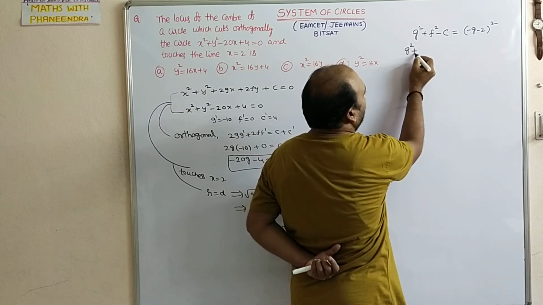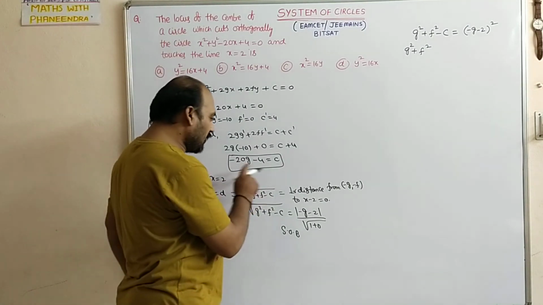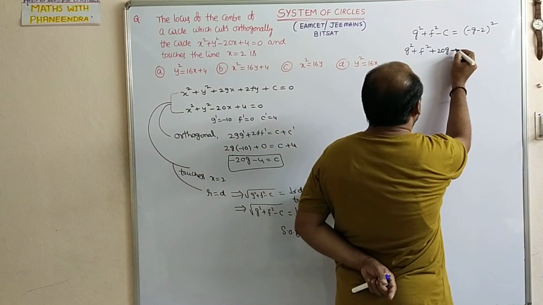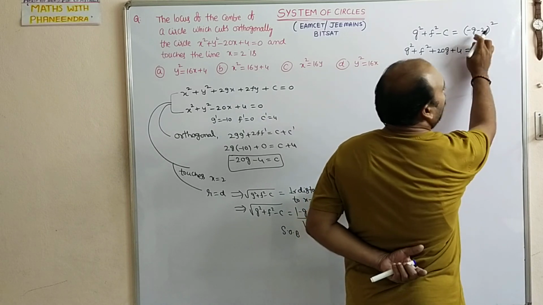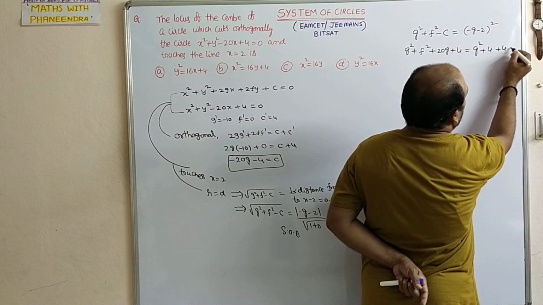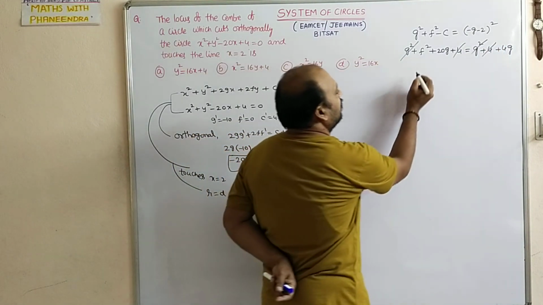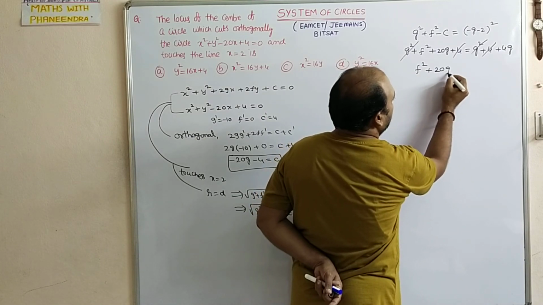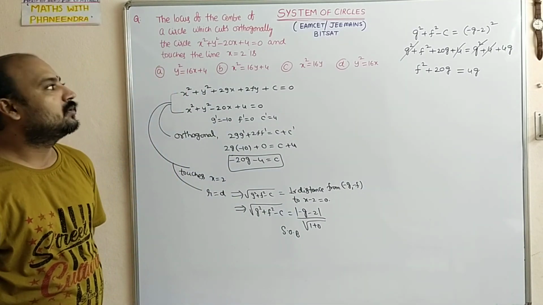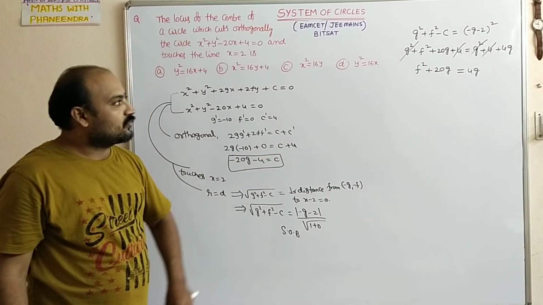So g² + f² − c. The c value we got from here; substitute c directly. g² + f² + 20g + 4 = (g + 2)², if you take common and square it, you get g² + 4 + 4g. g² + 4 and g² + 4 get cancelled, and the rest of the terms: f² + 20g = 4g.